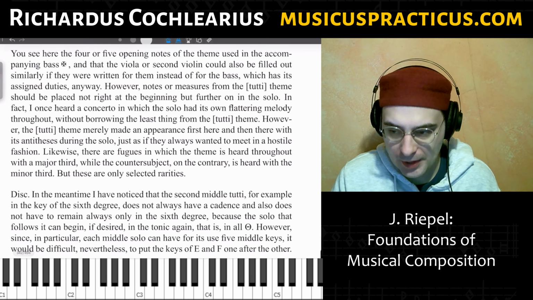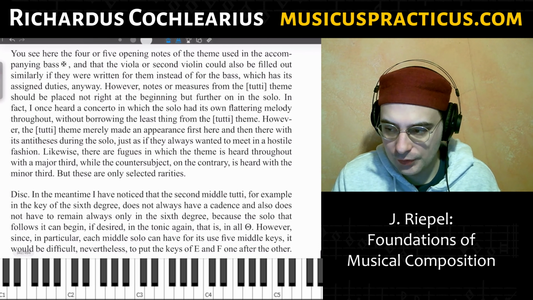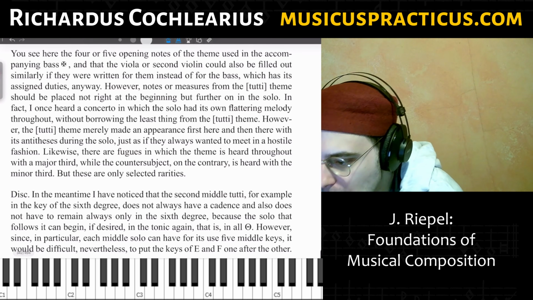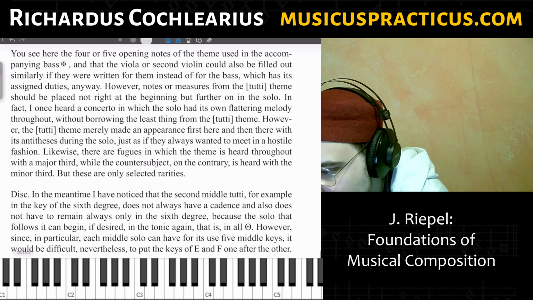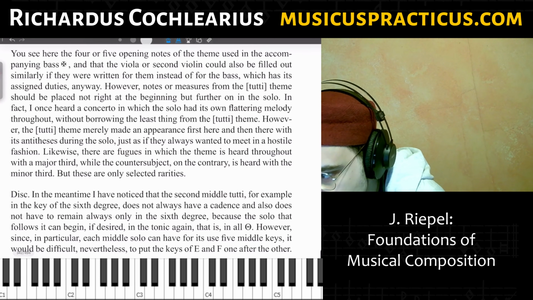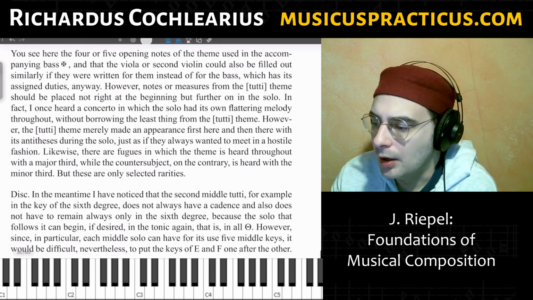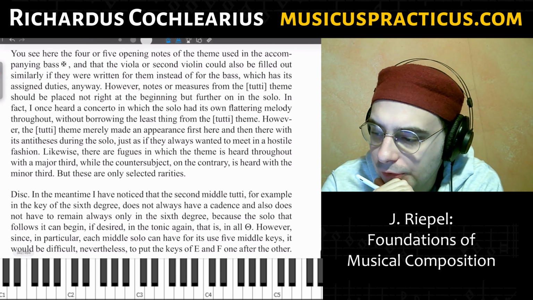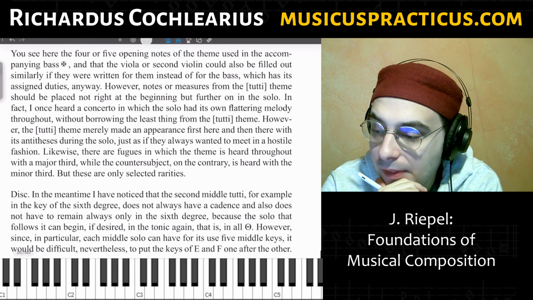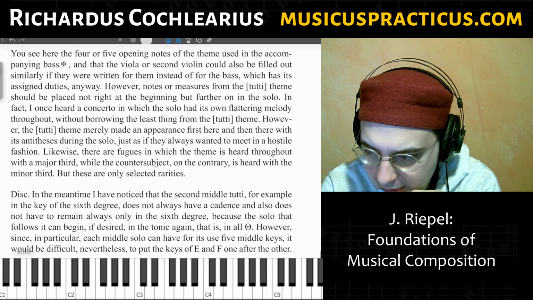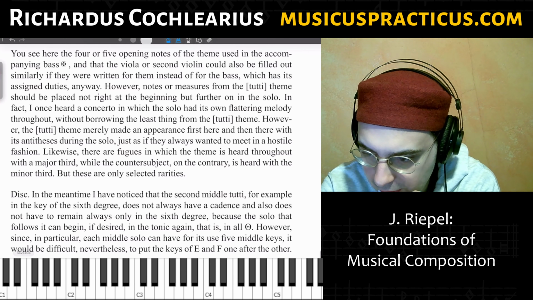However, the tutti theme merely made an appearance first here and then there with its antithesis during the solo, just as if they always wanted to meet in a hostile fashion.